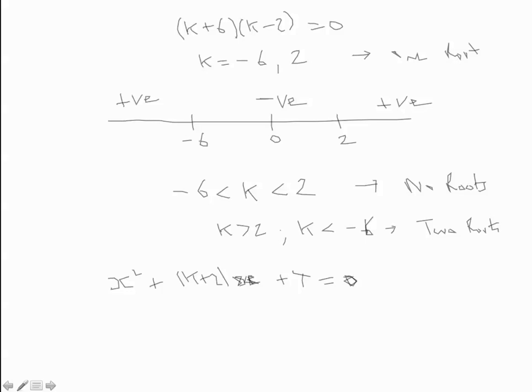And what we've seen is that when k equals negative 6 and plus 2, this will have just one root. When k is between negative 6 and 2, we'd get no roots. And when k is greater than 2 and when k is less than negative 6, we'd get 2 roots.